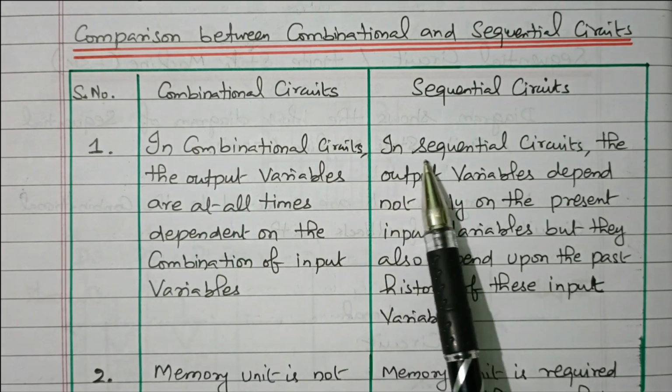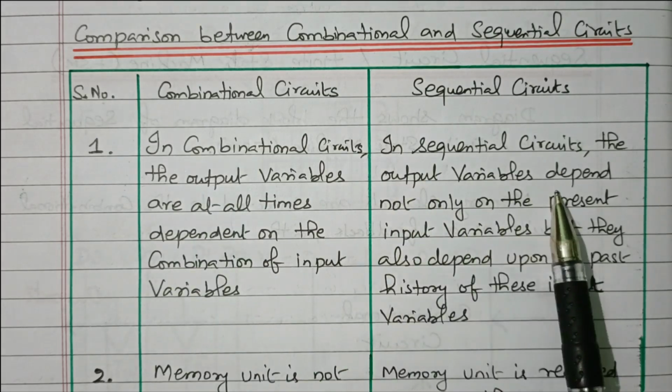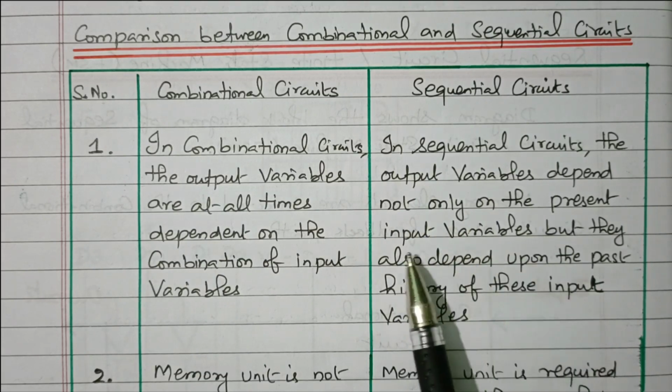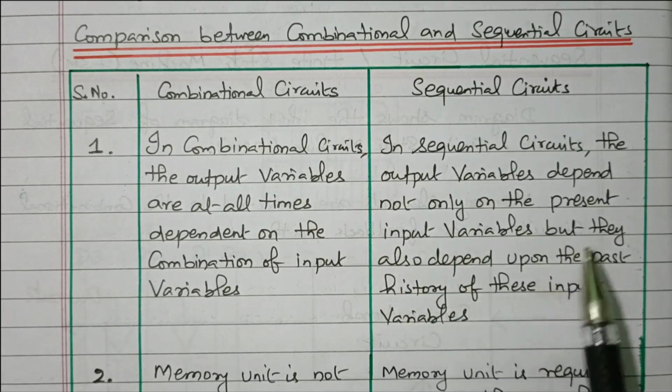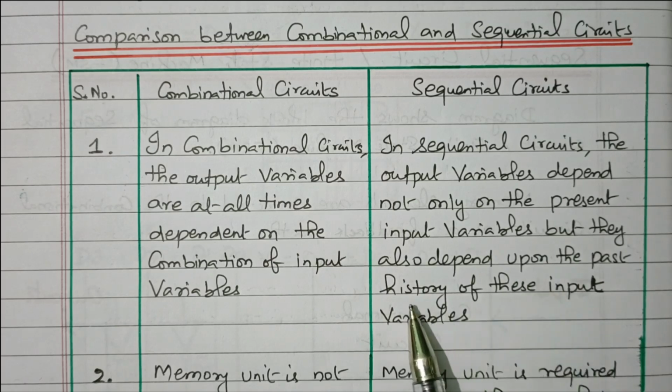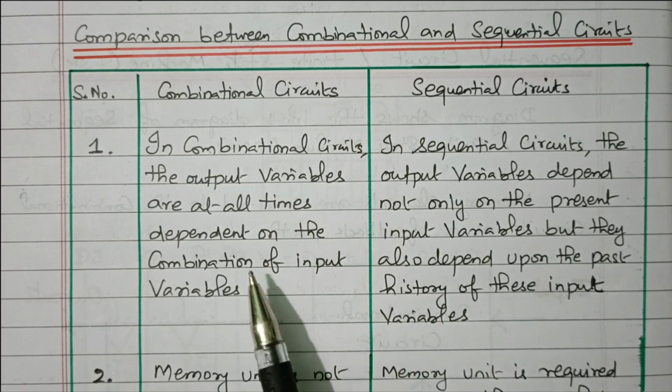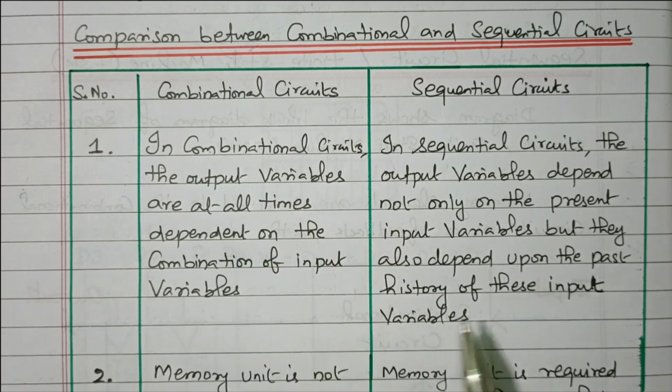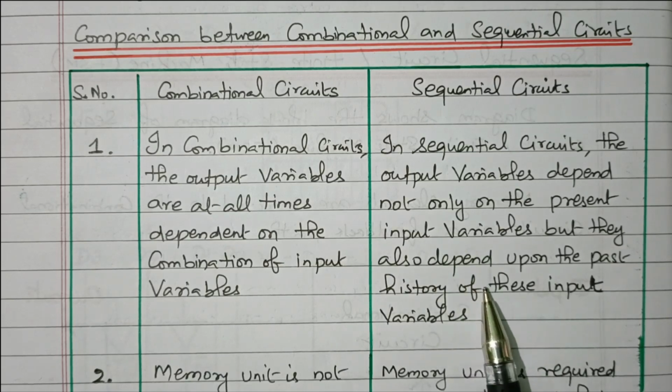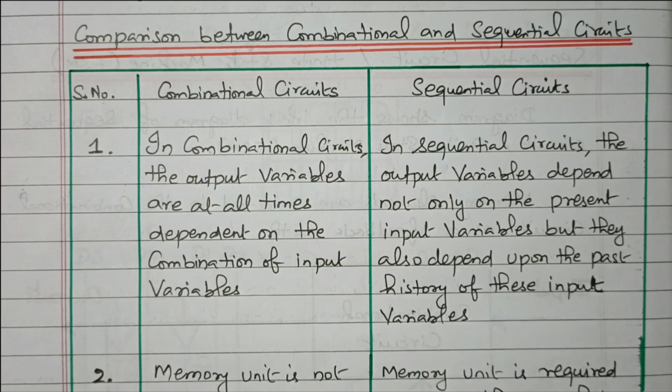But in a sequential circuit, the output variable depends not only on the present input variables, but also upon the past history of these input variables, right? So here the output not only depends upon the input, but also the previous state of this circuit. That also decides the next output, that is called the next state. That depends upon the previous state and inputs, right?